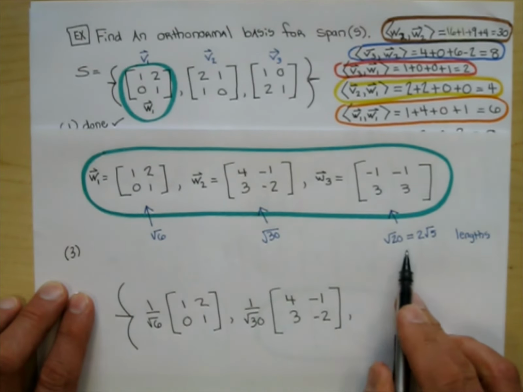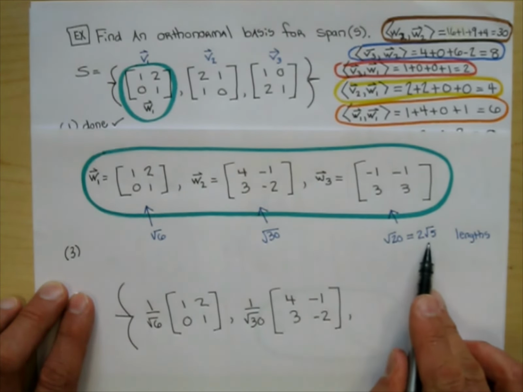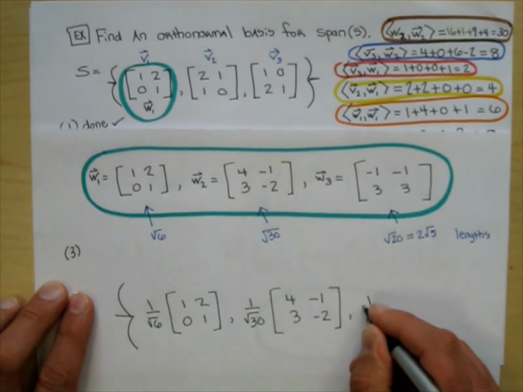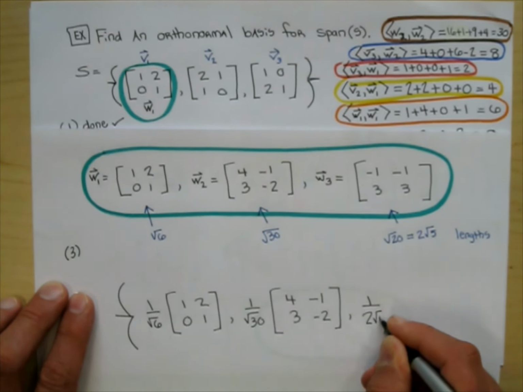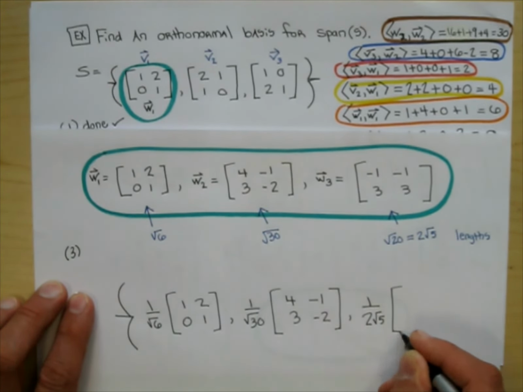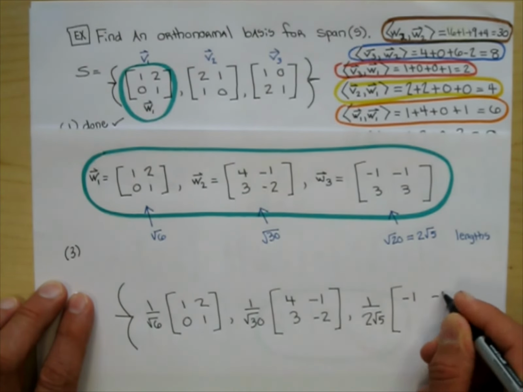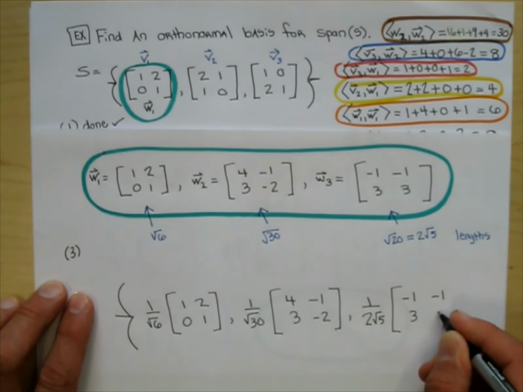And then the last one, I'll normalize this guy, and I should use the simplified square root. This is 1 over 2 root 5. And then we have negative 1, 3, 3.